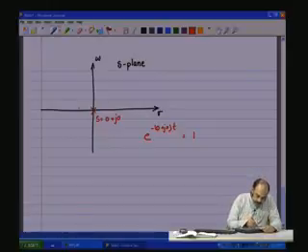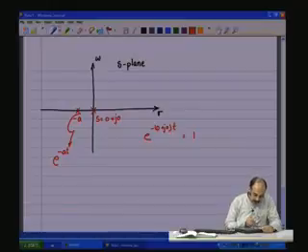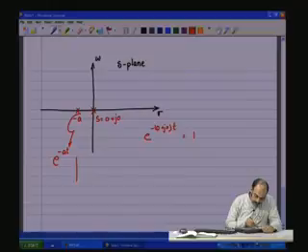If there had been a pole at this point, minus a, then here it would have been e to the power of minus a t, a being some number other than 0, and therefore you will see that there is an exponential decay starting from 1.